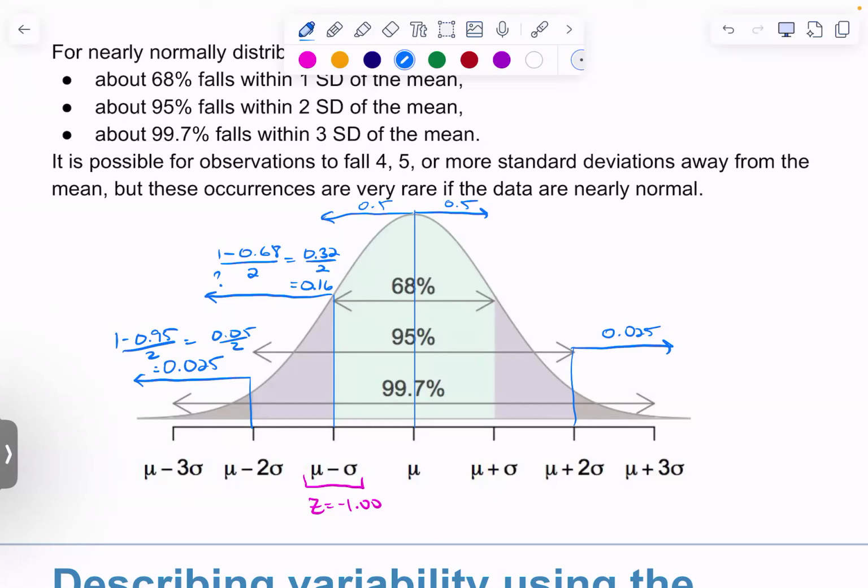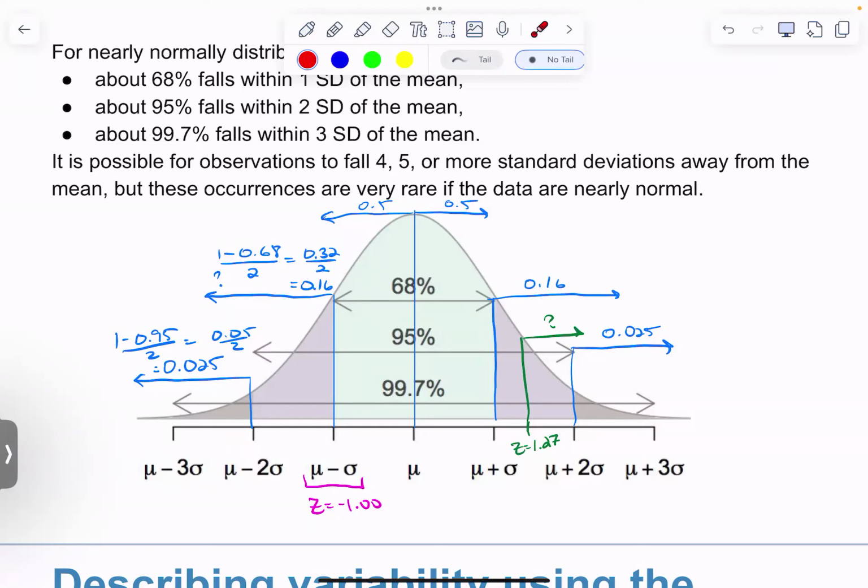Okay. The tricky part with only using this rule is if you find a Z, let's say you find a Z that's somewhere here, Z is 1.27, just making something up. All you would be able to say if you wanted to know, for example, what's this area, is that it's somewhere between, well, we know this is 0.16 by symmetry, and 0.025.